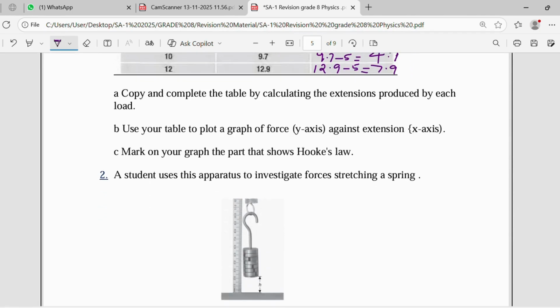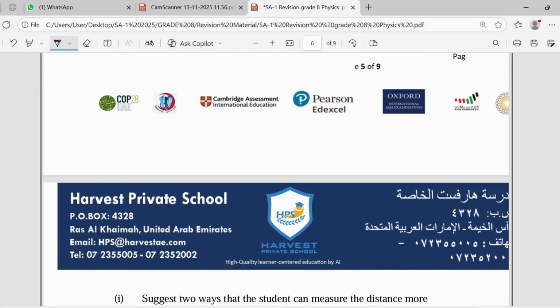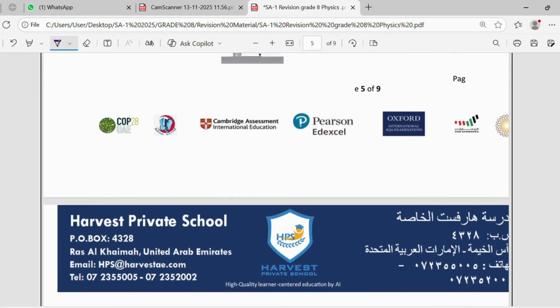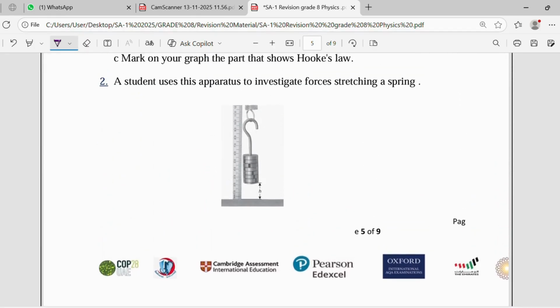Now coming to question number 2. A student uses this apparatus to investigate forces stretching a spring. Look here, I hope you remember we have done this experiment in class.